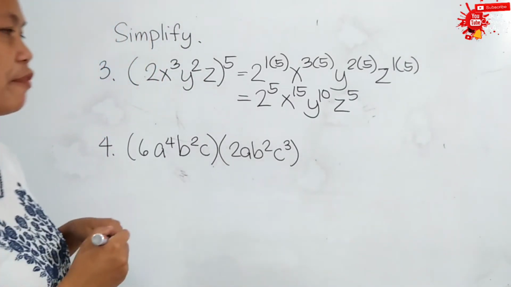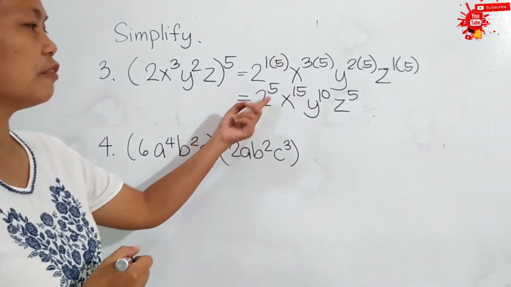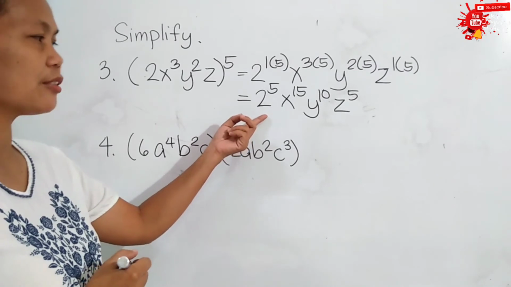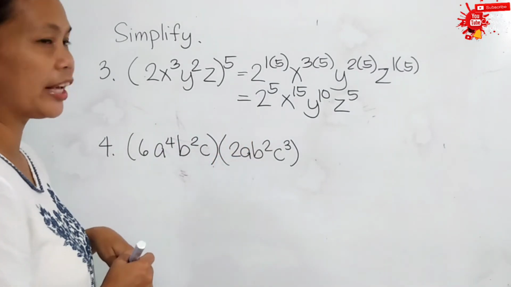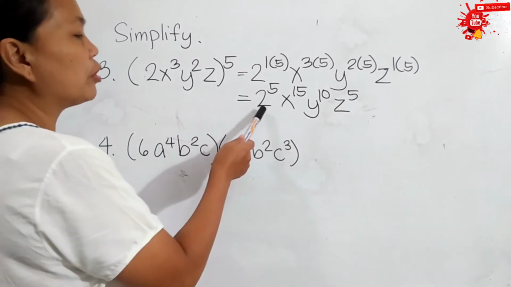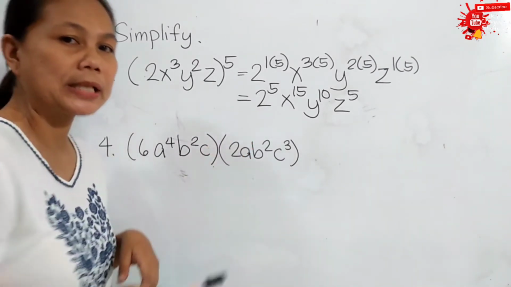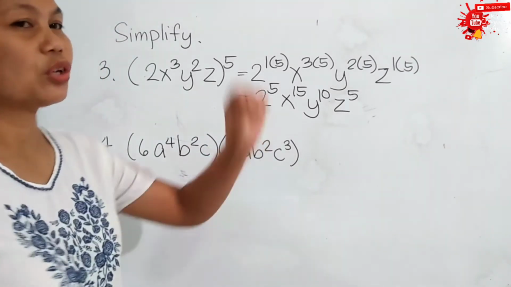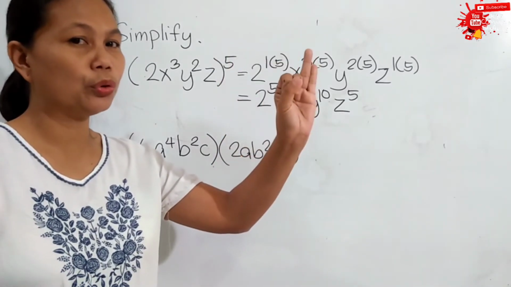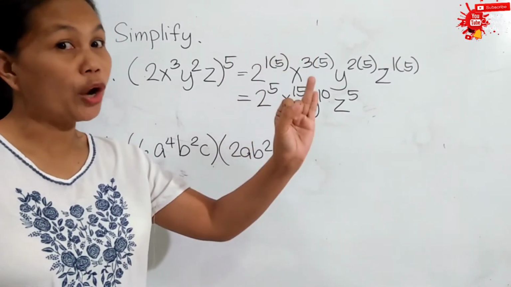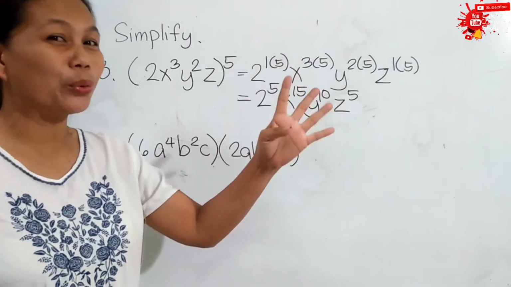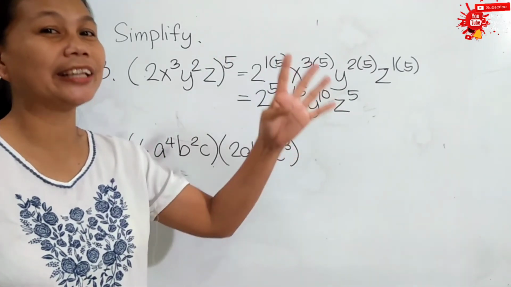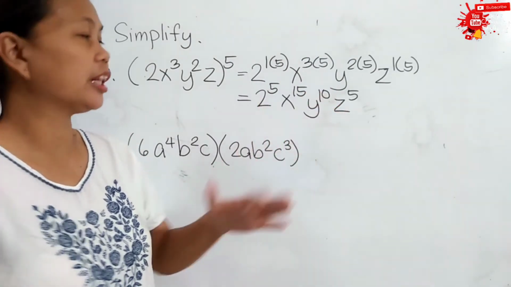Now let us simplify the numerical coefficient. So we have here 2 raised to 5. And what is the value of 2 raised to 5? It means that we will multiply 2 to itself 5 times. So 2 times 2, 4. 4 times 2, 8. 8 times 2, 16. And 16 times 2, 32.